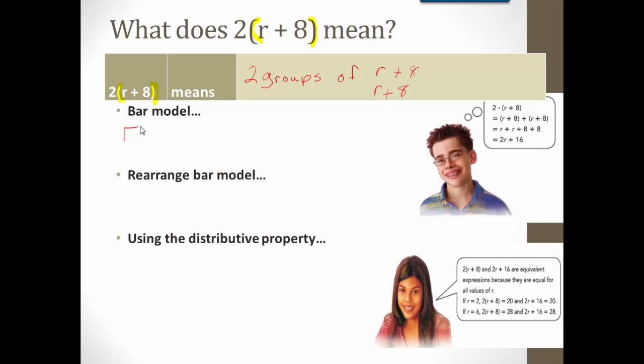I'm going to draw my bar model. I have one group. This is r, and this is 8. Here's my one group. Then I have another group. Another r and another 8.